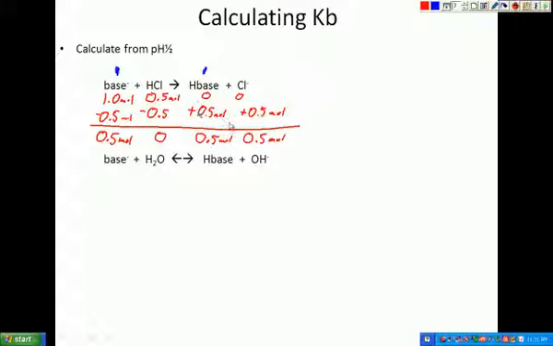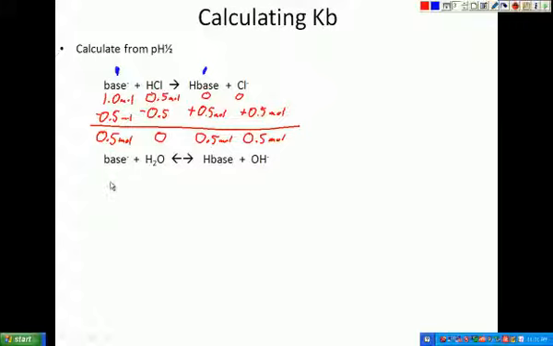Now we're going to look at the other kind of equation in here. Now again, this is just a forward reaction. Now the other equation is the equilibrium reaction of the weak base ionizing or combining with water and forming H base, or a base with a proton in there, the conjugate acid of this thing.